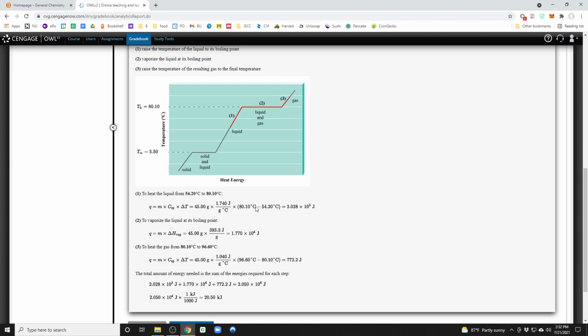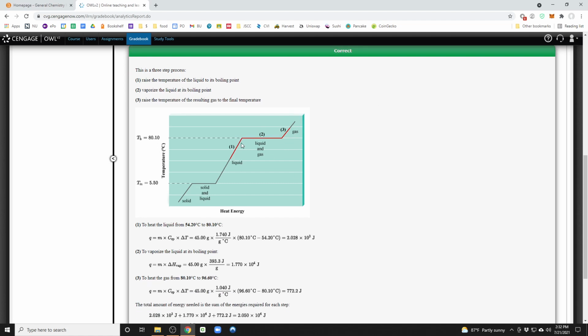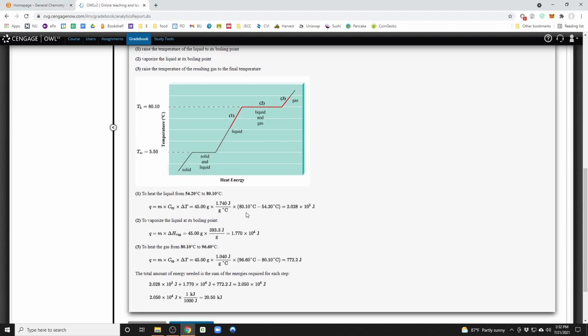Grams will cancel. Then we're going to multiply that value by the difference between the final temperature, which is, again, not the final temperature of the entire process. It's the final temperature of step 1. And step 1 ends at the boiling point, which is 80.1. And so you take 80.1 minus 54.2.